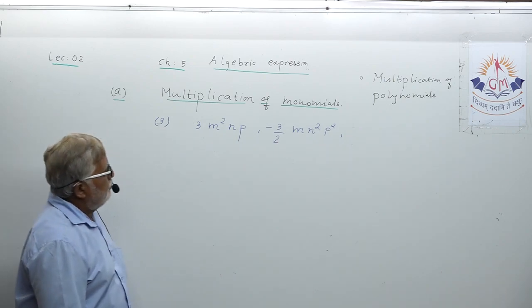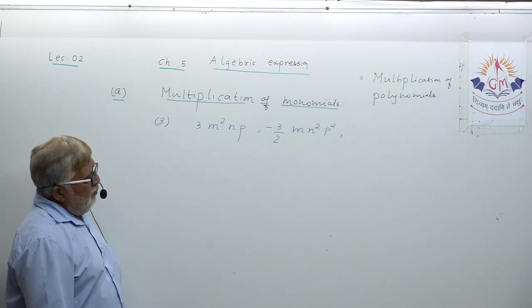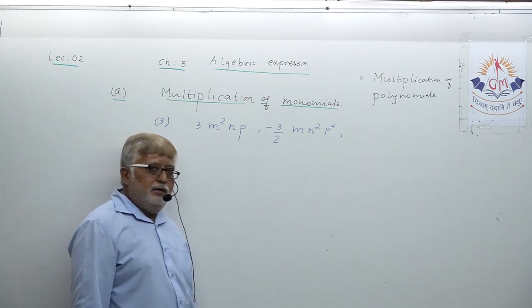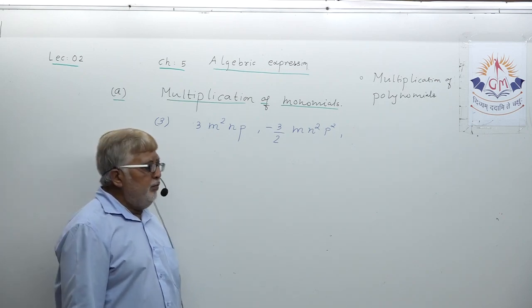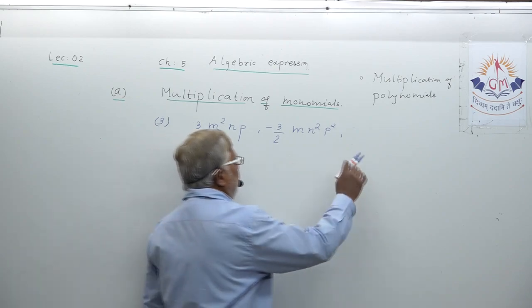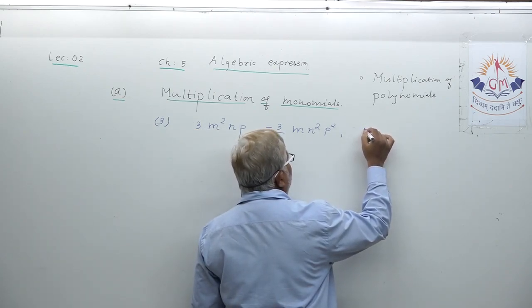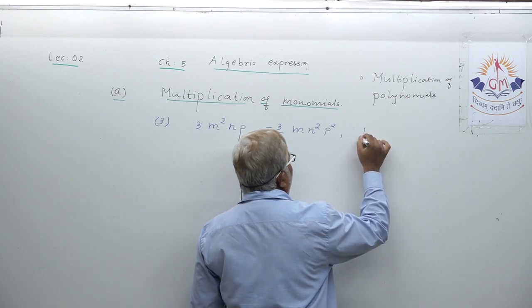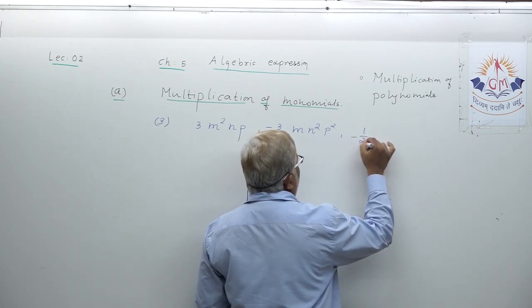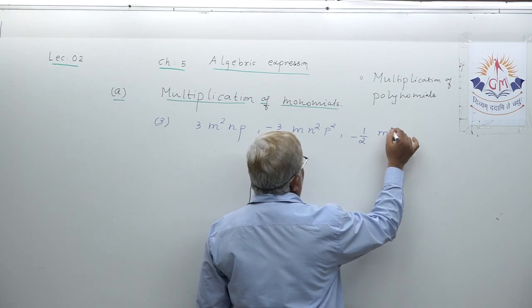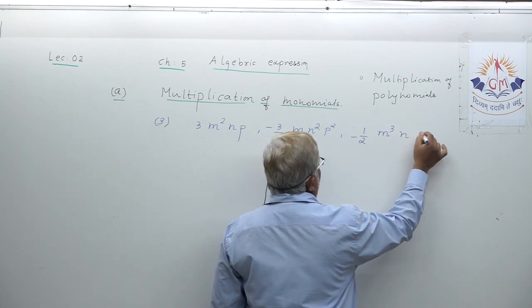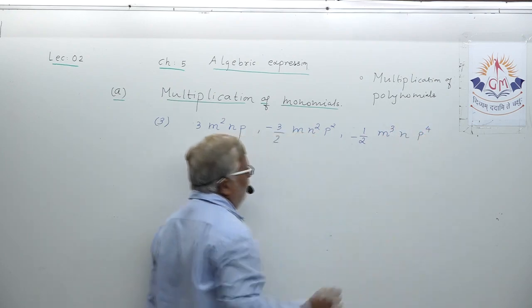Okay. Then one similar example I want to give in this. Okay. Then again write one another one. Suppose I write minus 1 upon 2 m cube and p raised to 4.